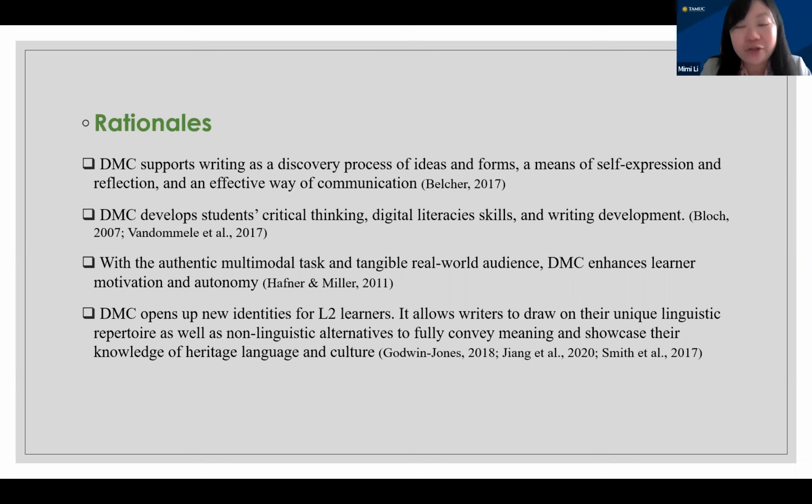Then for second language learners, particularly, DMC opens up the new identities for them because such kind of tasks allow the writers to draw on their unique linguistic repertoire as well as non-linguistic alternatives to fully convey their meaning and showcase their knowledge of heritage language and culture.